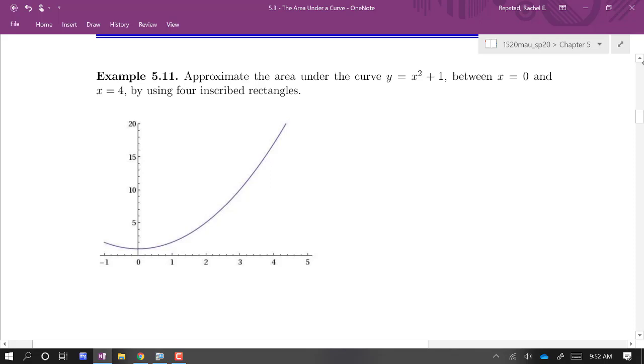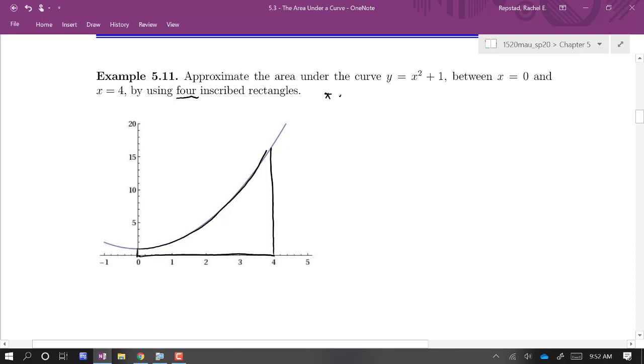So here's that same function. Here's its graph. And we're going to use 4 inscribed rectangles. So I'm going to just draw the region again. I'm not going to do all the shading, but here's the region we're after. Now 4 inscribed rectangles. I'm going to make them all equal width.